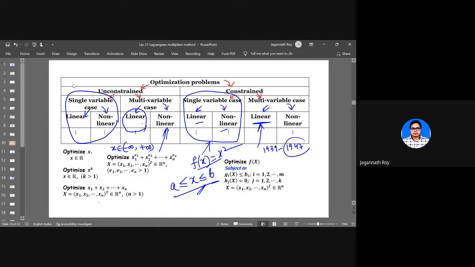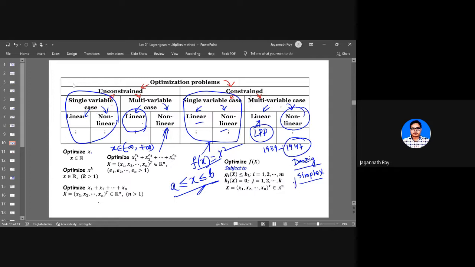That was Dantzig. Professor Dantzig proposed the simplex algorithm, which gave effective solutions for linear problems. So this is the class of LPP. Now we are going to discuss constrained multivariable problems.